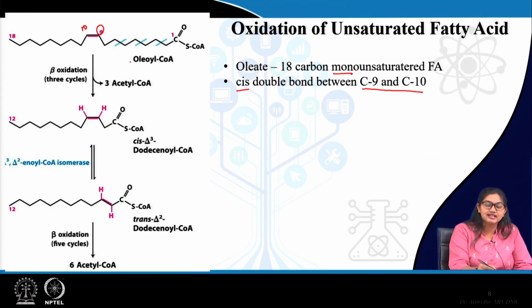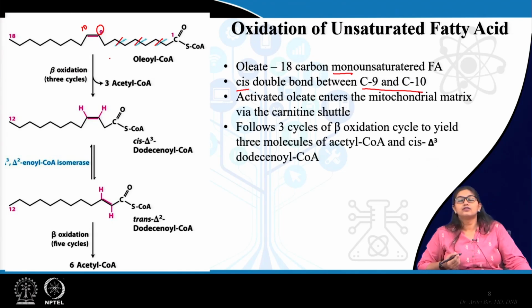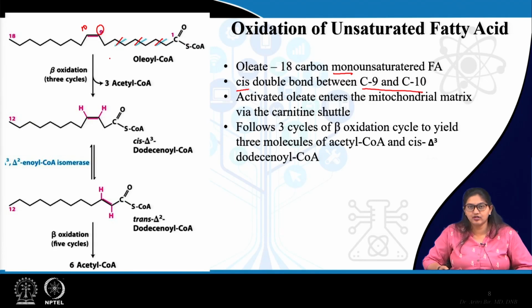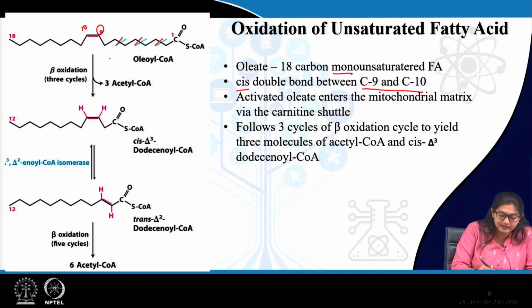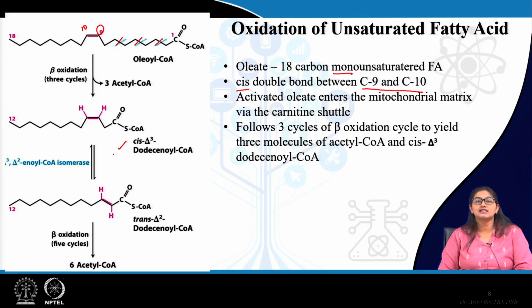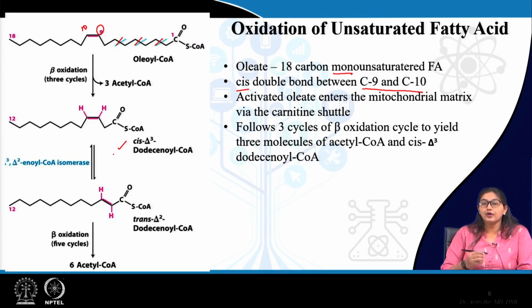For the first 3 cycles, beta oxidation can occur. So, after activation of oleic acid, oleoyl coenzyme A is formed, and 3 cycles of beta oxidation occur till there is formation of this product, cis delta 3 dodecenoyl coenzyme A.